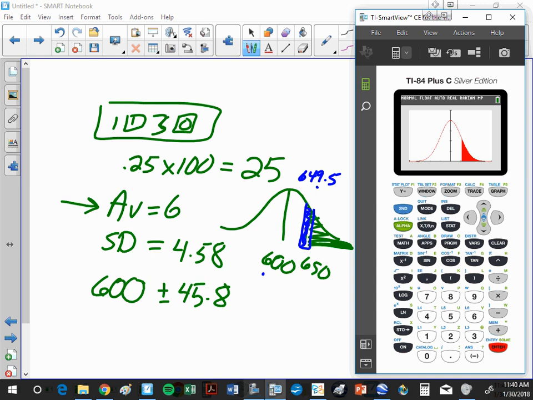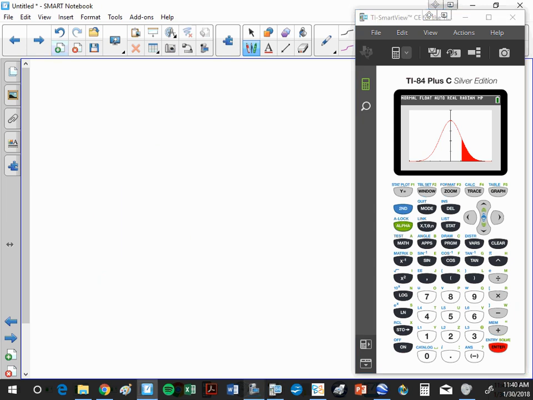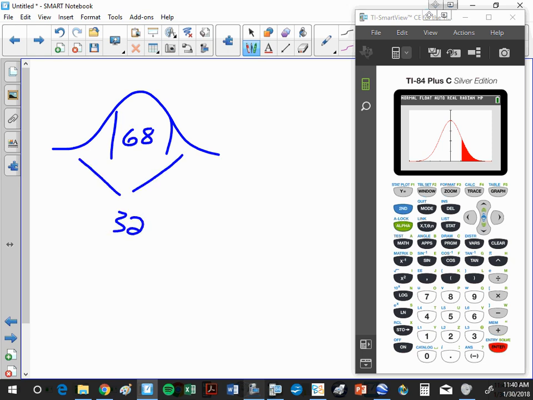No, that's just the right tail. The right tail is 14.8. If we wanted to do it in our head, we would say there's 68 here, which means there's 32 here, which means there's 16, but we weren't at z equals 1. We were slightly to the right of that.